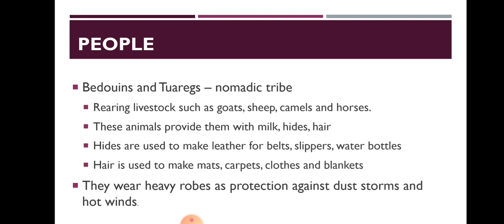These animals provide them milk, hides, and hair. Hides are used to make leather for belts, slippers, and water bottles, while hair is used to make mats, carpets, clothes, and blankets. They wear heavy robes as protection against dust storms and hot winds.